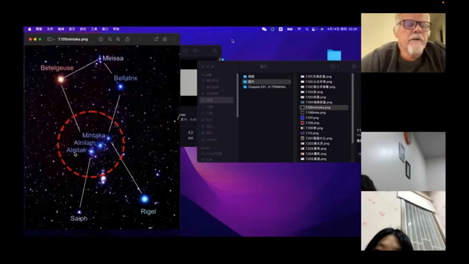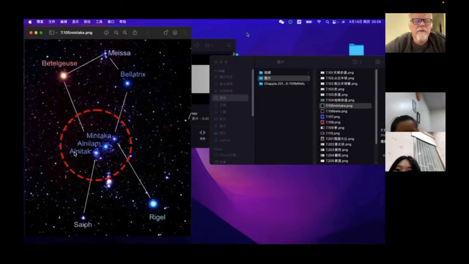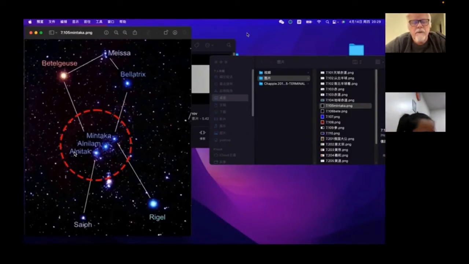celestial equator is extremely important. The stars that go from due east to due west, and they veer to the south. So how do we find this line? Now in 2020, there's a star called Mintaka.